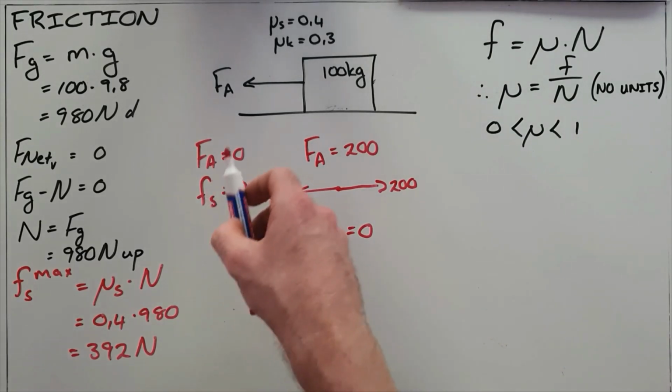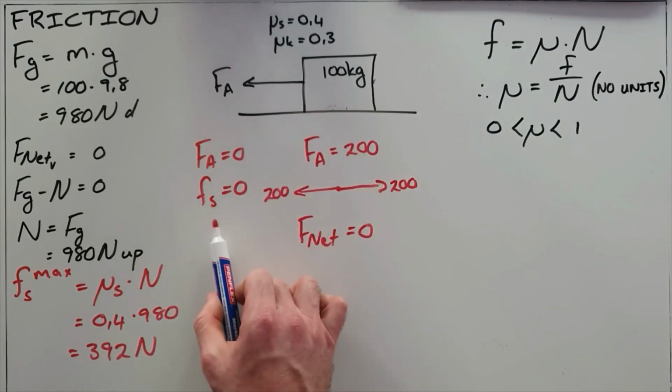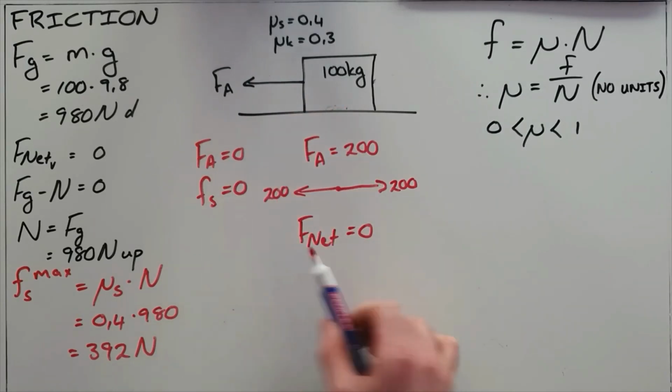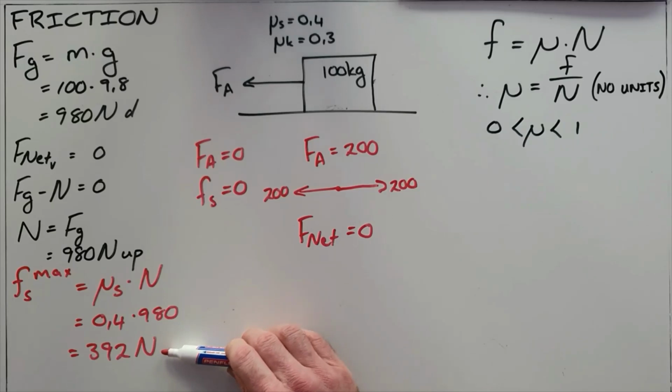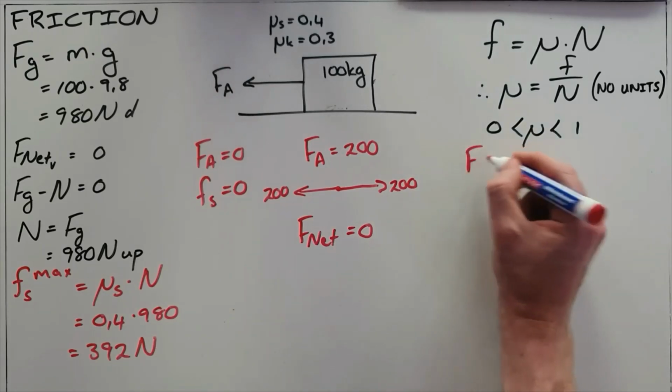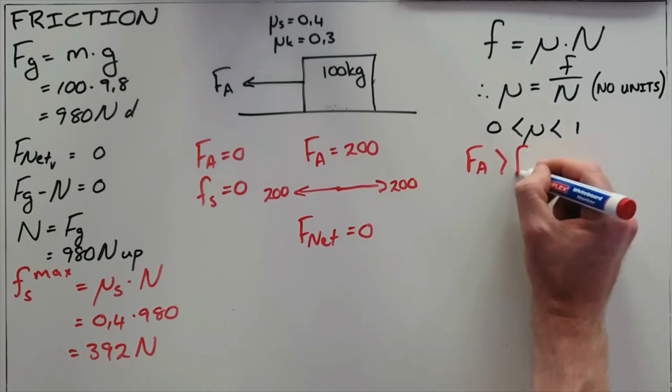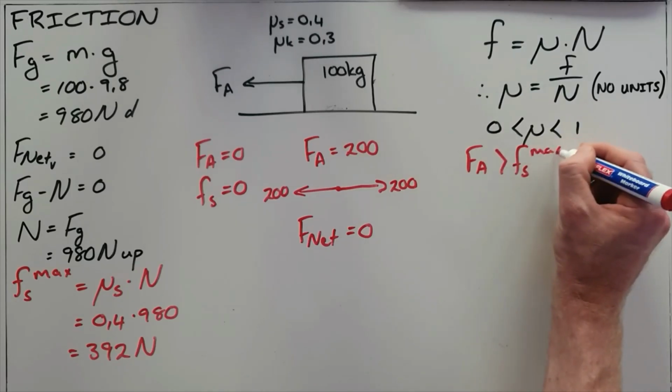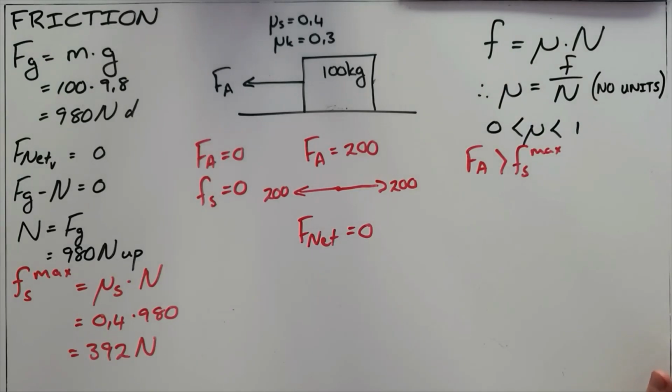This applied force could be any value between 0 and 392 before this object would move. The applied force would have to be greater than the static friction maximum in order for this object to be moving.